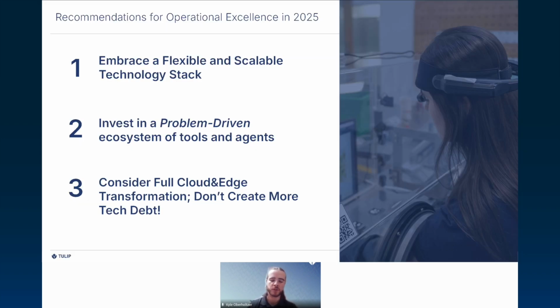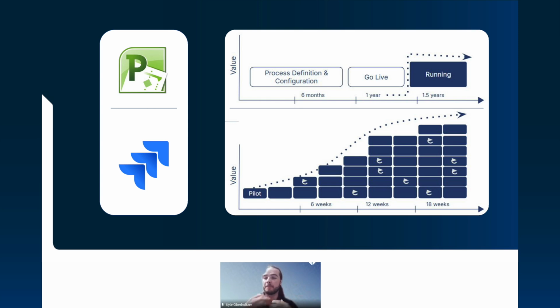First is embracing a flexible and scalable technology stack. The very important part about this is the stack, right? If you only remember one word from this entire point, remember this is a technology stack, no longer just a solution. Because if we go back to here, remember that modern systems, modern technologies, are sums of multiple parts.